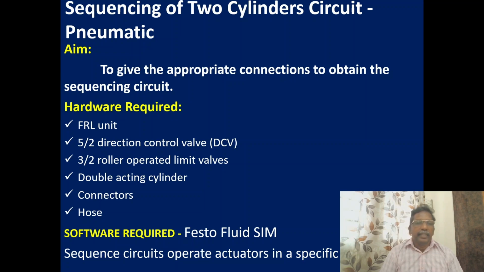So an FRL unit, a 5/2 direction control valve, 3/2 roller operated limit valves, double acting cylinders, and connectors and hose. Here also we simulate this drawn circuit in FluidSIM software version 6. Sequence circuits operate actuators in a specific order.